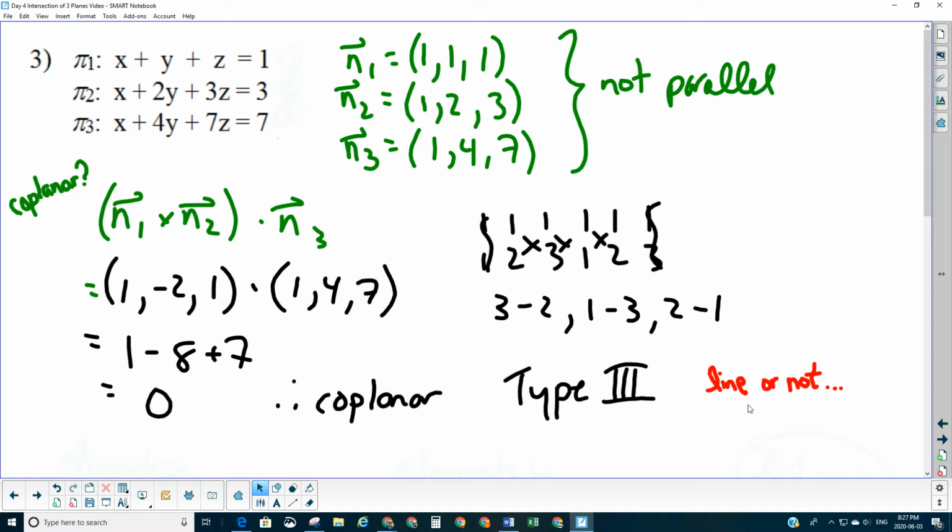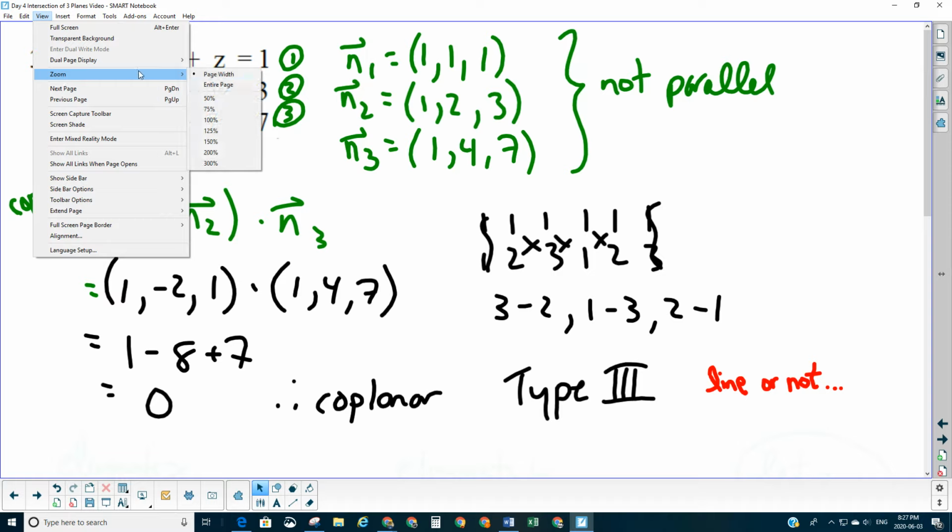To figure it out, you are going to assume that there is a line. And to do that, you're going to pretend that you actually only have two equations. Because if it is a line, all three of them will intersect at the same spot. So you're going to actually just pick two of them and find the intersection of those two planes.